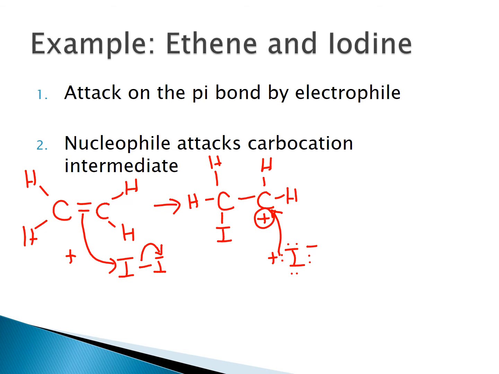So this is a nucleophile, the iodide that's been produced, and it's going to attack, and we're going to get this as our product. So again, we already learned how to predict the product. We're just really showing how it happens now. Okay? So this is 1,2-diiodoethane.